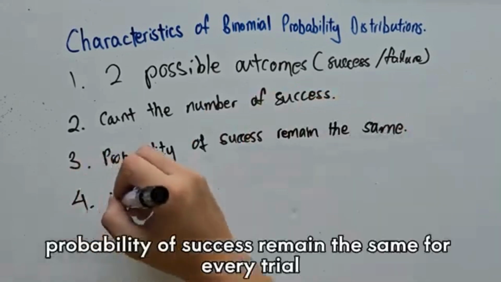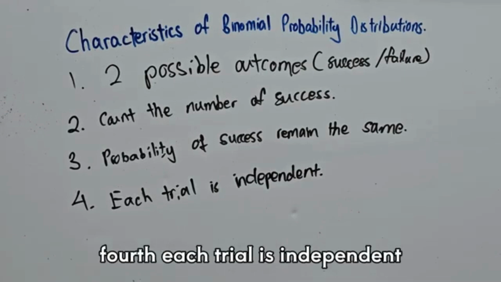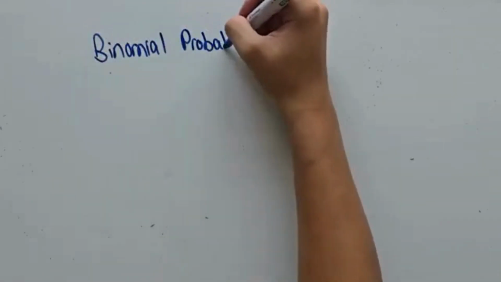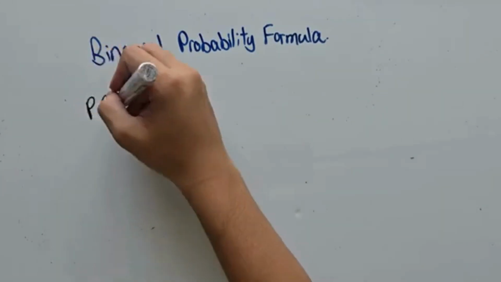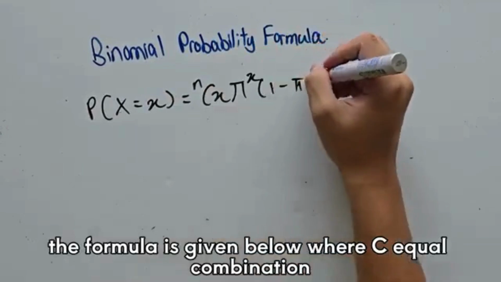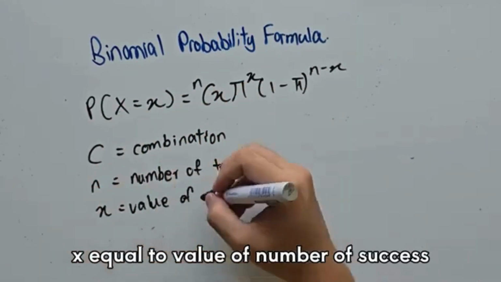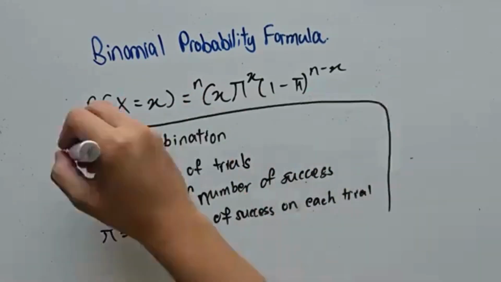Third, the probability of success remains the same for every trial. Fourth, each trial is independent. So moving on. Now let's look at the binomial probability formula. The formula is given below where C equals combination, N equals number of trials, X equals the number of successes, and pi equals the probability of success of each trial.